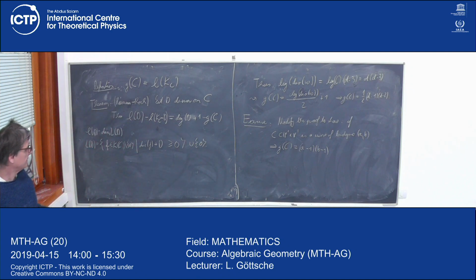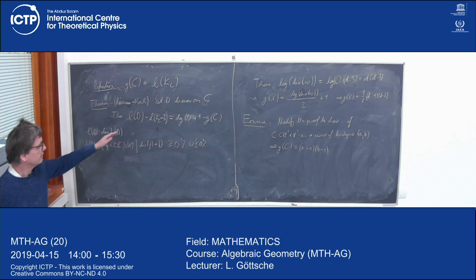So this is a vector space, and the dimension of this vector space is this.